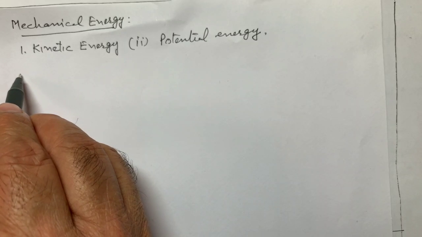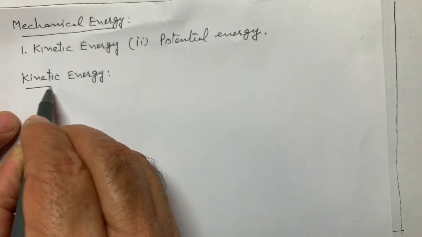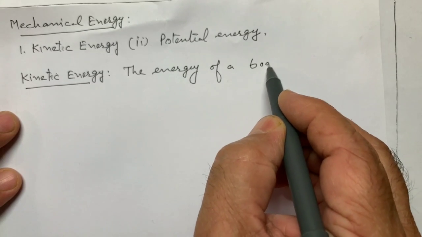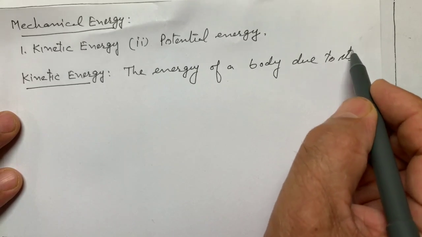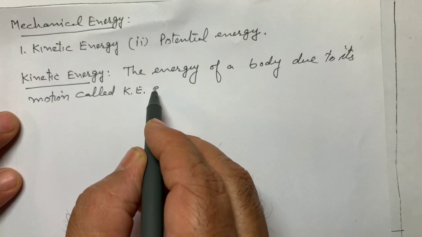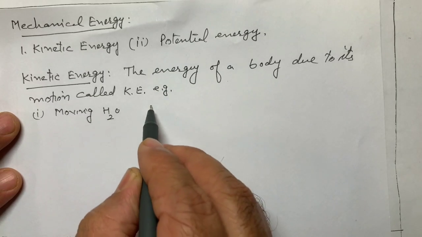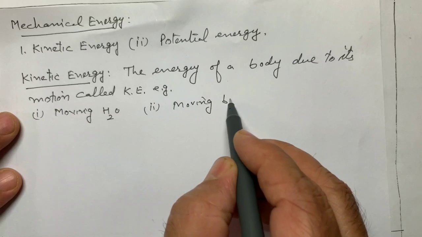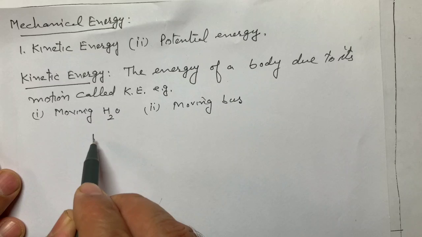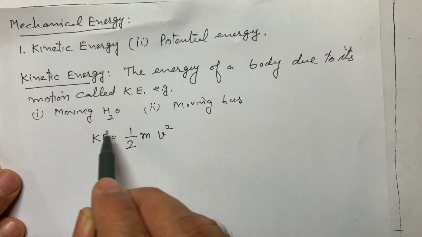Now, what do you mean by kinetic energy? The energy of a body due to its motion is called kinetic energy. For example, moving water has kinetic energy, a moving bus has kinetic energy. Now about the relation for kinetic energy, it is very clear: kinetic energy is always equal to half the mass of the body times the square of the speed of the body.